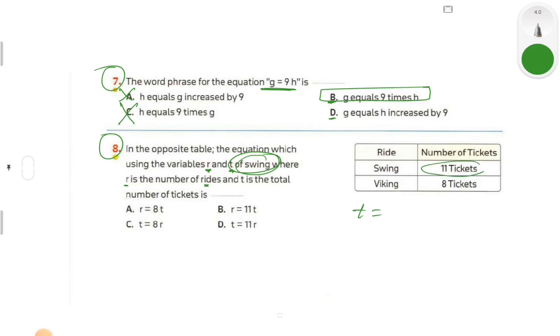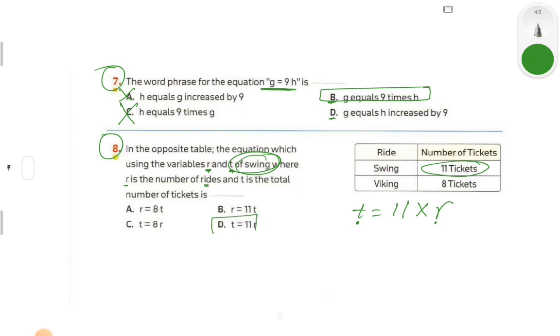One time needs 11 tickets, so 11 is a constant. 11 by R. R is the number of rides. How many rides do you want? Multiply R by the one-time ticket 11, and you will get the total number of tickets you need. So T equals 11 by R. This means T equals 11R.